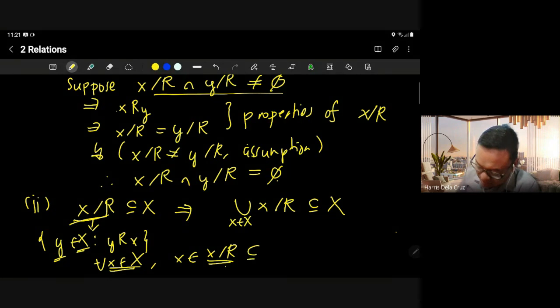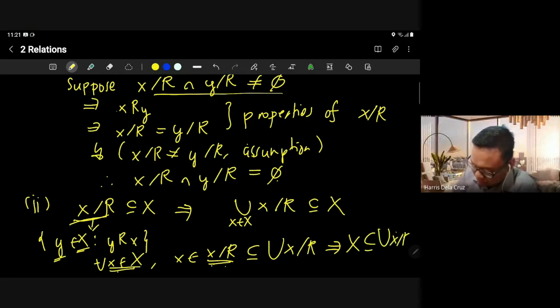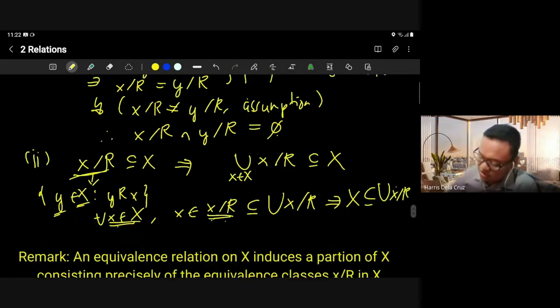This is a subset of the union of x over r. Pagsasama-samahin mo lang lahat ng equivalence class eh. So, kada isang element ng X ay nasa equivalence class at kada isang equivalence class nasa union. O di ano ibig sabihin nun? O di yung X subset ng union. Okay? Yung X subset ng union, which is precisely the definition of the partition. And so we are done.